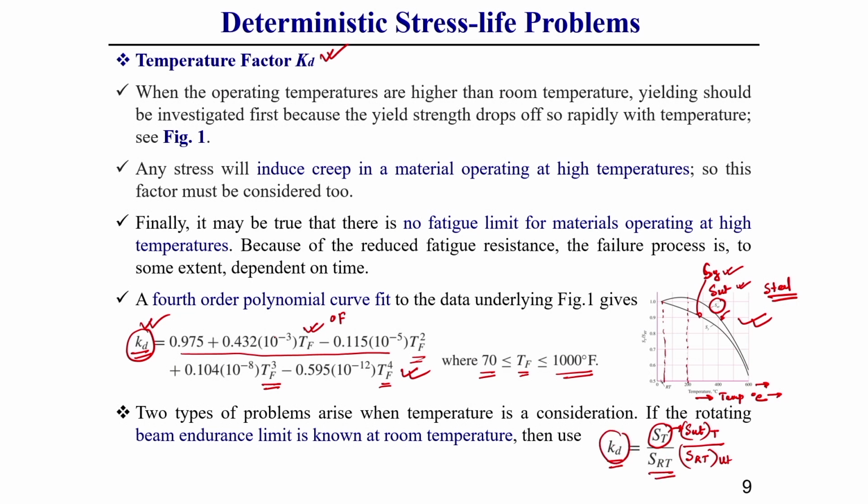So, this equation or the fourth order polynomial curve fit equation, you can use either for calculating the Kd value. This equation you can use for any type of material, and the equation shown here is generally for steel.